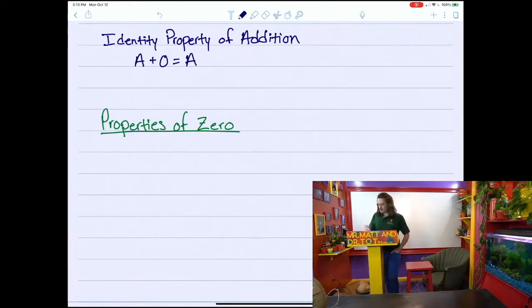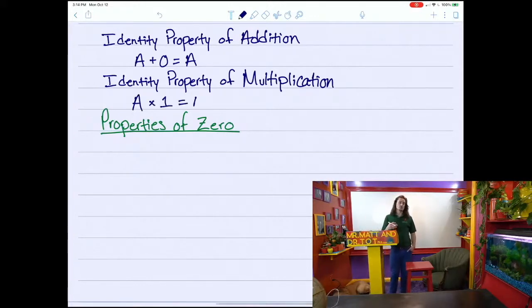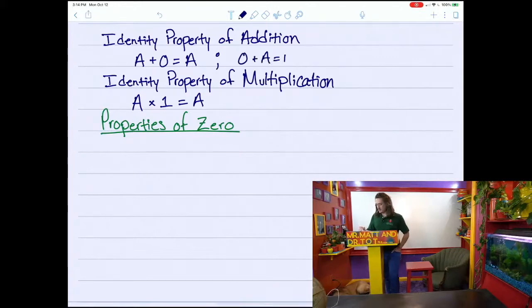The identity property of multiplication tells us that that number is 1. So a times 1 will always equal a. And of course, the commutative property tells us that order doesn't matter with addition and multiplication, so these could also have been ordered 0 plus a will always equal a, and 1 times a will always equal a.